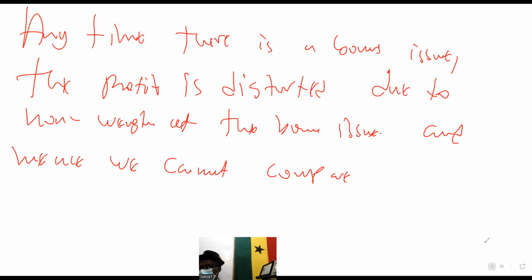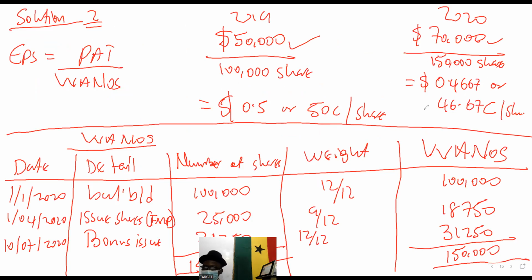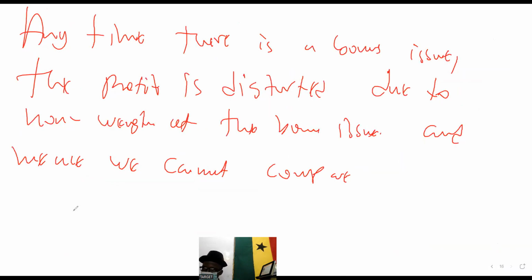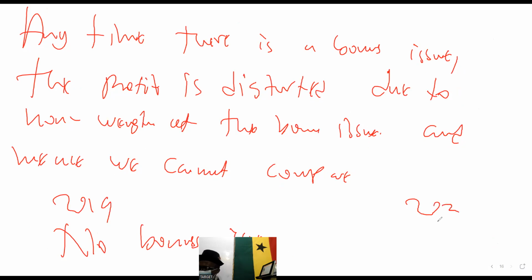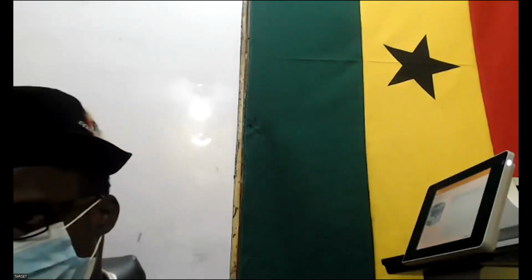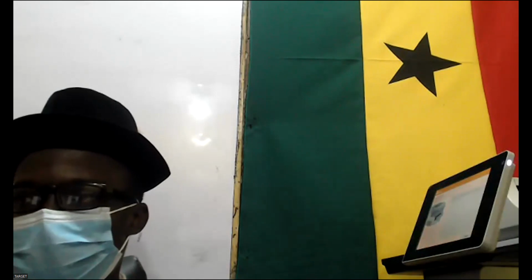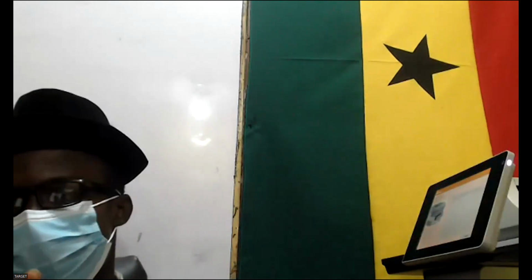So here you can't compare, because the situation that took place in 2020 was a bonus, while in 2019 there was no bonus issue. In 2020, yes, there's a bonus issue. You can't compare the earnings per share. Please take notice. It is haram. It is forbidden for you to do that.